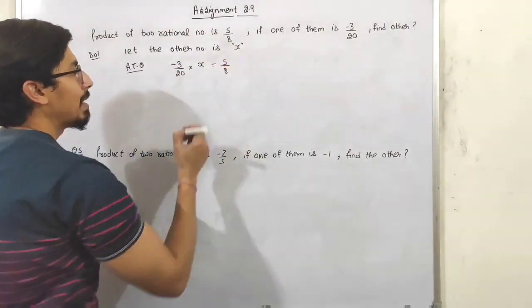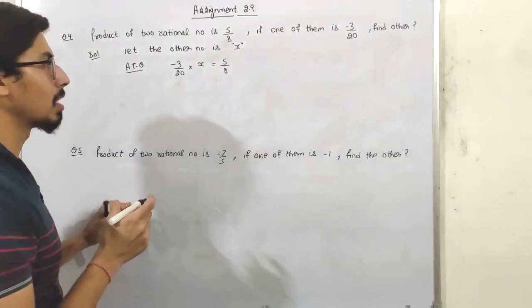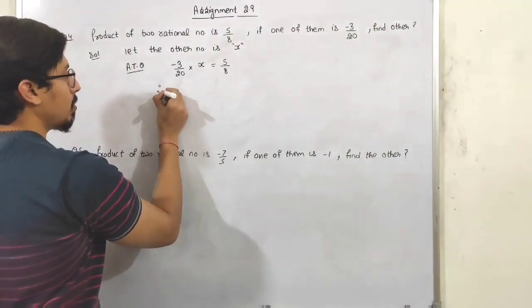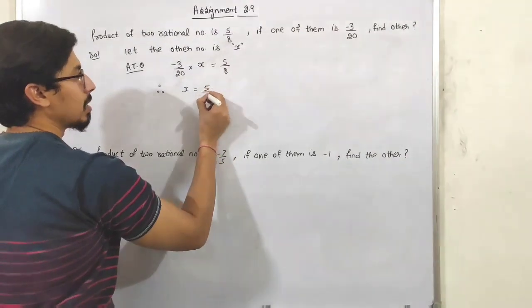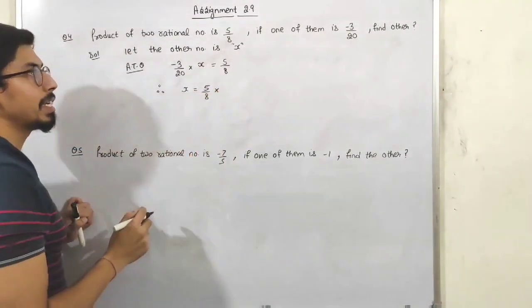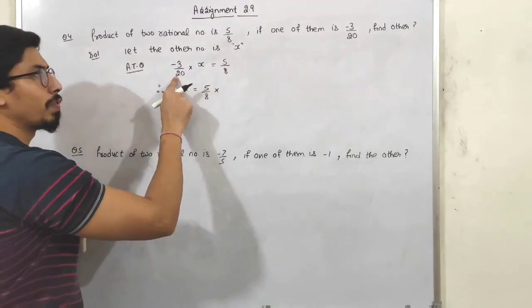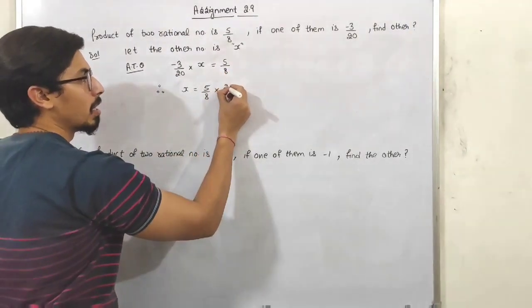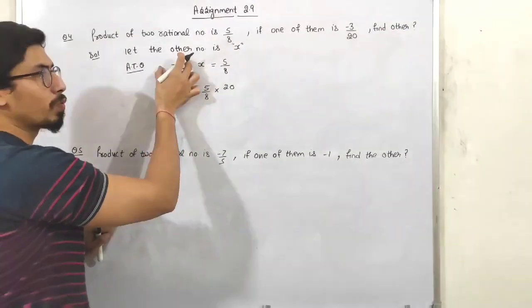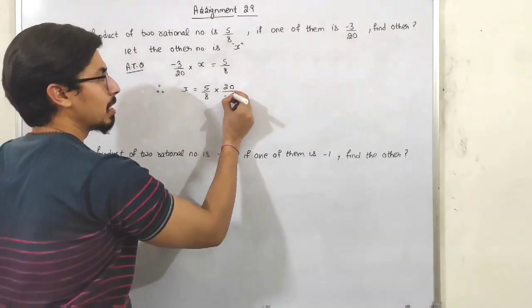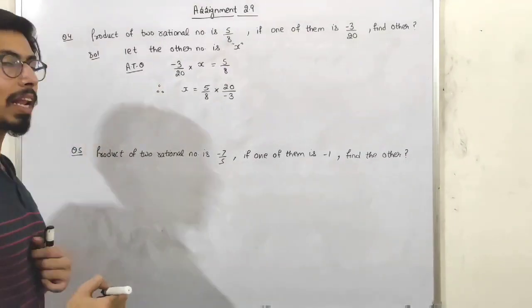So we have to find the value of x. Therefore, x as it is, 5 by 8 as it is, multiply. See, 20 is in the denominator, so when it goes here, it will be in the numerator. Minus 3 is in the numerator, so when it goes here, it will be in the denominator. So we can write it like this.